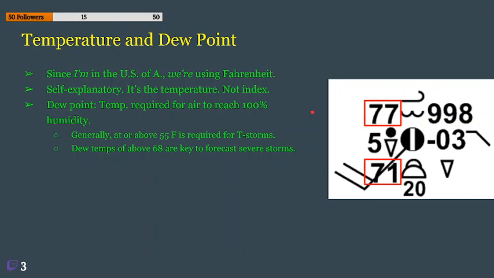Of course, if you have a higher base thunderstorm, the dew point can be lower than that. But dew points above 68 Fahrenheit are key to being able to predict severe storms.